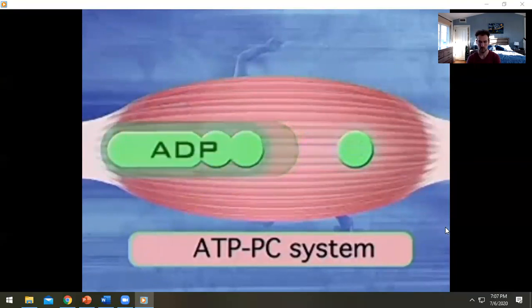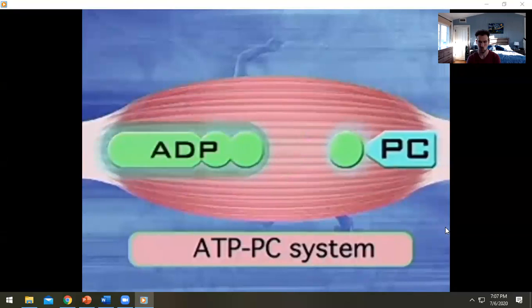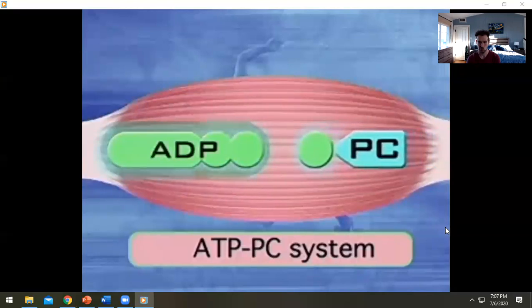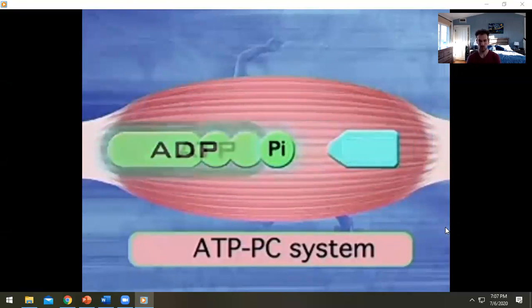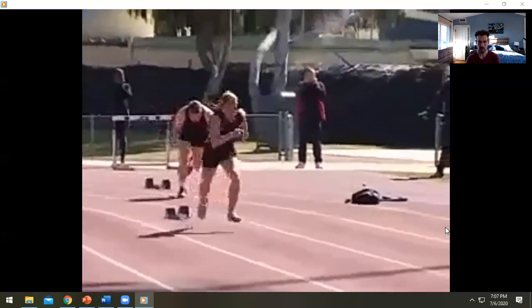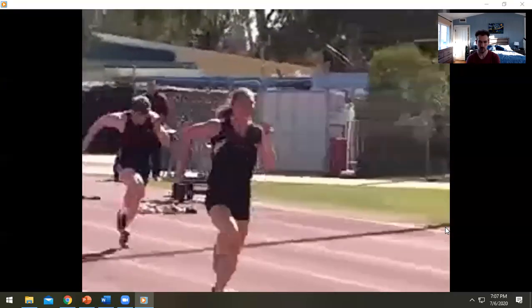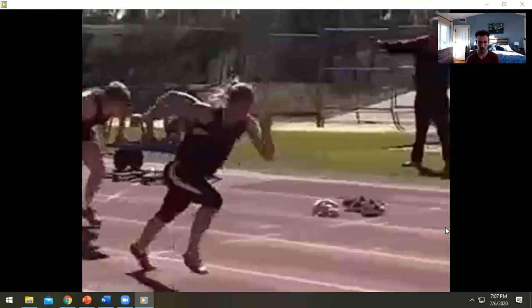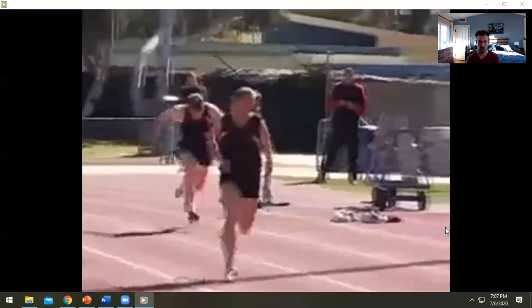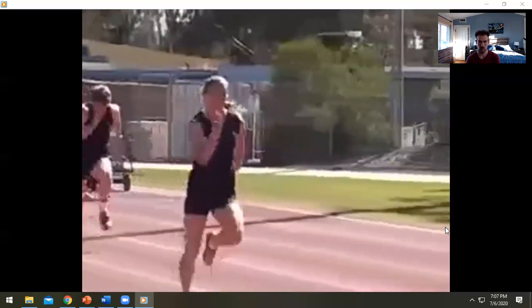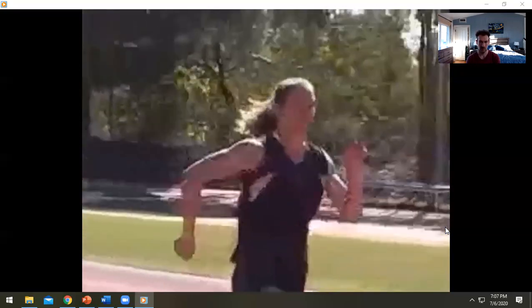ATP breaks down to ADP and resynthesizes to ATP with the help of PC molecules and the enzyme. These reactions take place very quickly inside the muscles, and because PC is stored in the muscles, it is the first energy system used during high-intensity physical activity.